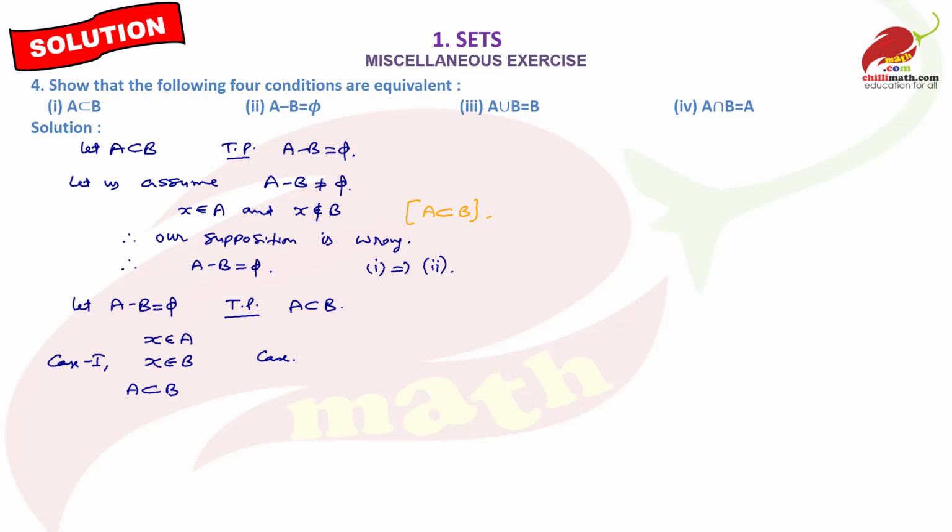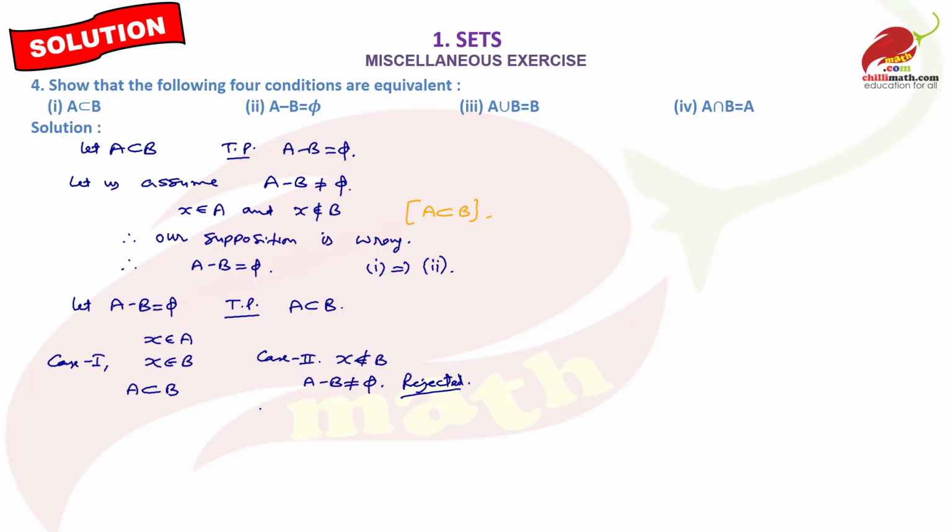But case 2, if x is not there in B, x belongs to A and x does not belong to B, this is not true, because if it is true, that means A minus B is not equal to phi. So this we have to reject. Okay, so A is a subset of B.